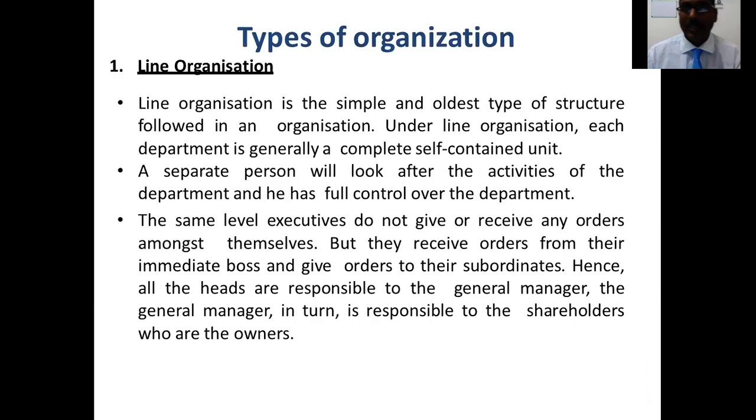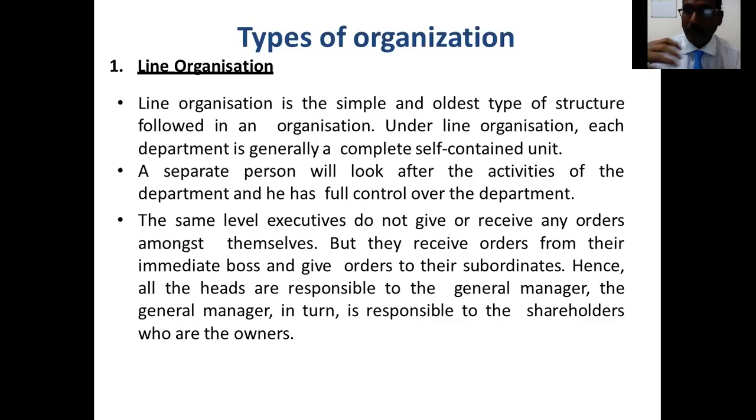Now first we look at the line organization. As I told you, this is the very earliest and oldest form of structure in an organization. Line organization is very simple, straightforward, and the oldest type of structure followed in an organization. Under line organization, each department is generally a complete self-contained unit.